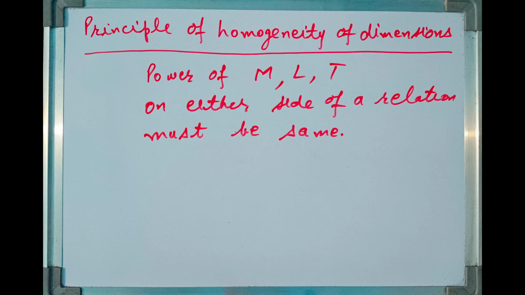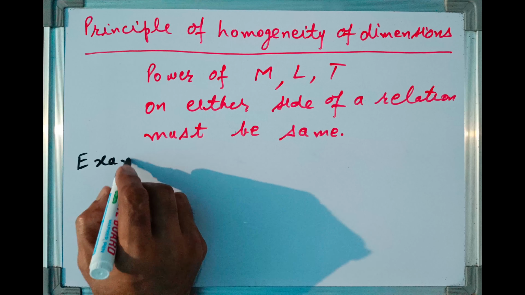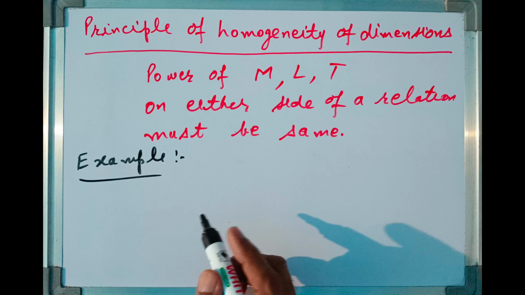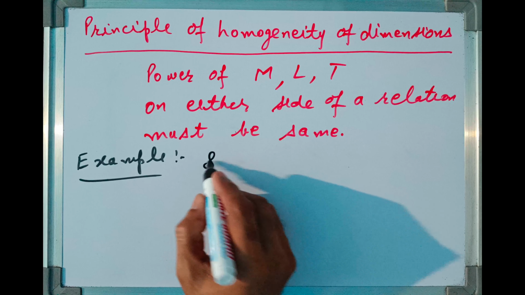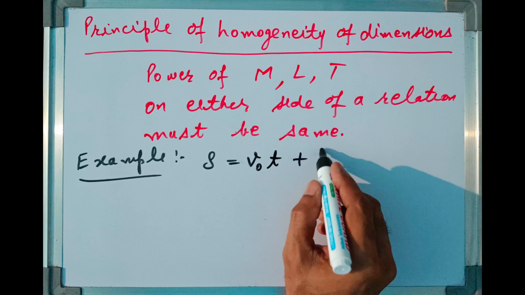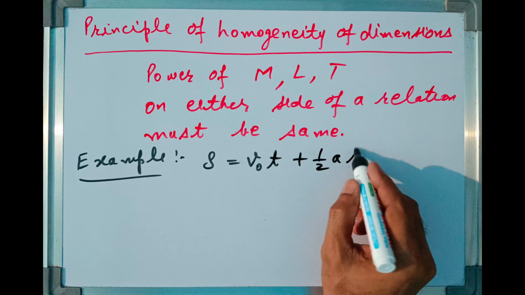In order to have more understanding about this definition, let me take an example. Suppose we have a relation S equal to V naught T plus half A T square.